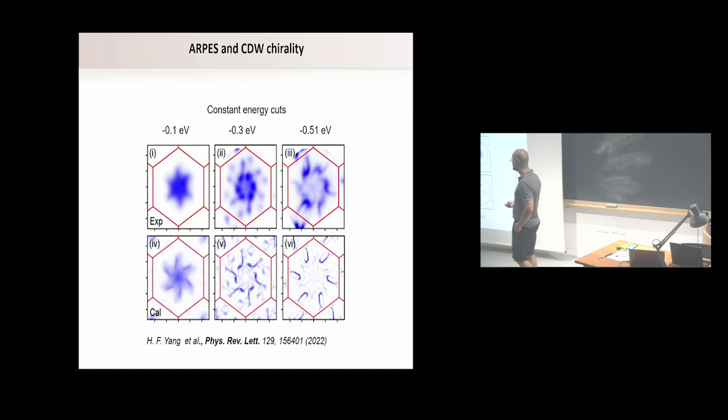In order to understand what you're seeing, you need some DFT simulations that reconstruct the spectral weight distribution in the extended zone scheme. But if you do it, as has been done here, you can very easily see that the agreement is pretty good, and the assignment is clear. So this has been seen in many papers before, but probably only in this paper has it been discussed extensively for the first time.